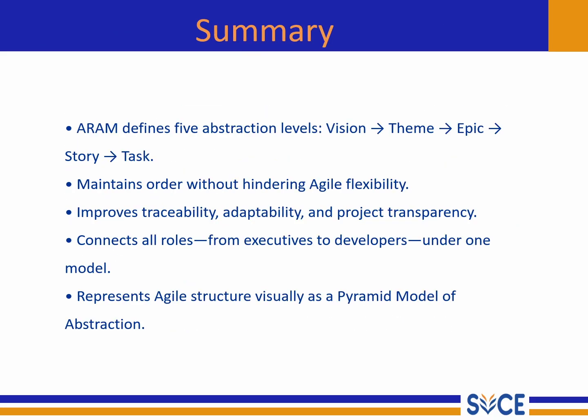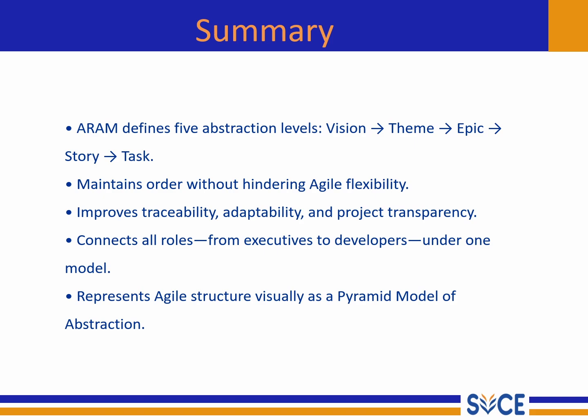In the next slide, we are going to see what we have seen overall in this session. It defines the five abstraction levels from the vision to task. Number one is the vision, second is the theme, third is the epic, fourth is the story, and fifth is the task. It also maintains order without hindering agile flexibility.